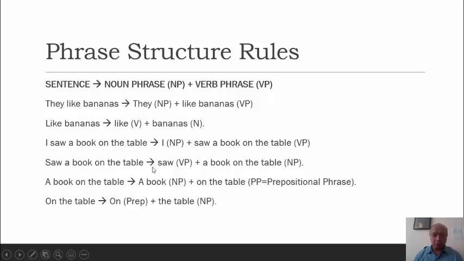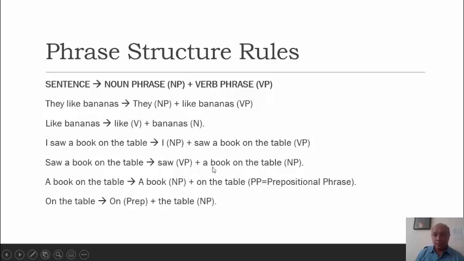Saw a book on the table is composed of saw as a verb, plus a book on the table as the noun phrase. So remember that this long phrase can still be broken down into verb phrase plus noun phrase.